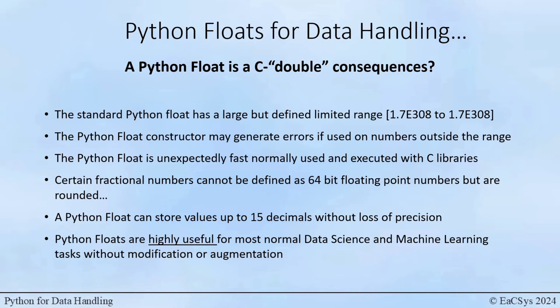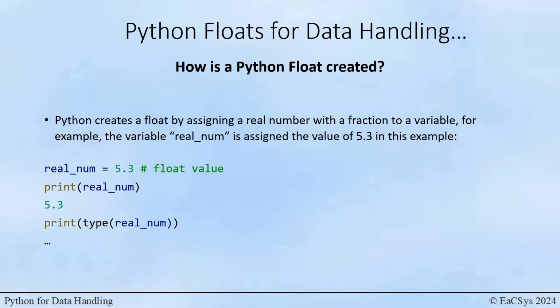Now we'll talk some about how Python floats are created. So, how is a Python float created? Python creates a float by assigning a decimal value to a variable. For example, the variable real num in this example on your screen.